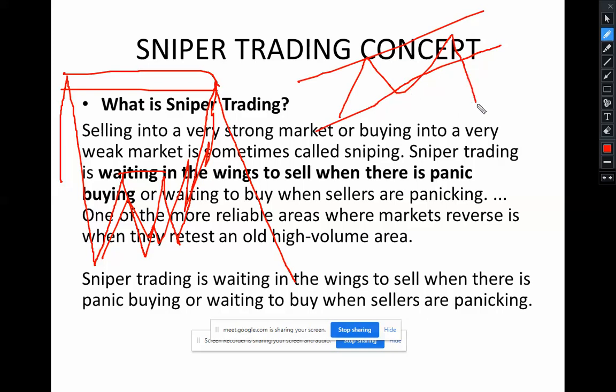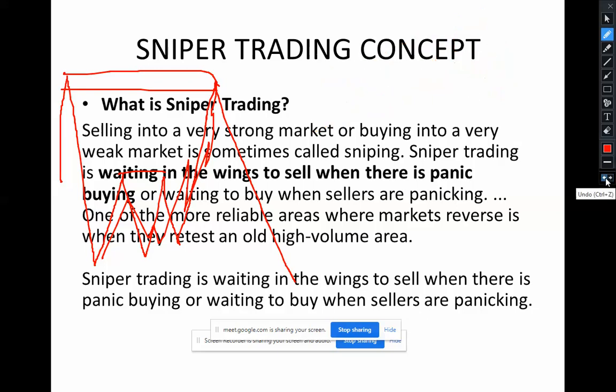Once it breaks out, it comes back again to retest the lower trend line of the channel, and then drops drastically. So when you want to take a sniper trade entry, you have to look for the reversal, when the market reverses on a retest of an old high volume area.